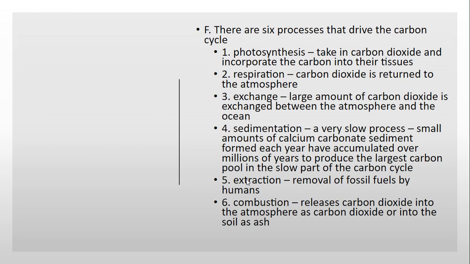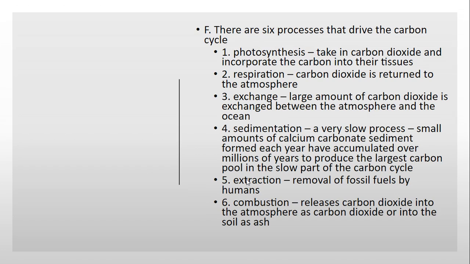We see an exchange between our ocean and atmosphere of CO2. Sedimentation, that would be our process after decomposition takes place. Organisms decompose, that carbon then becomes a part of the earth, and over time, with pressure, we can see calcium carbonate sediment form.